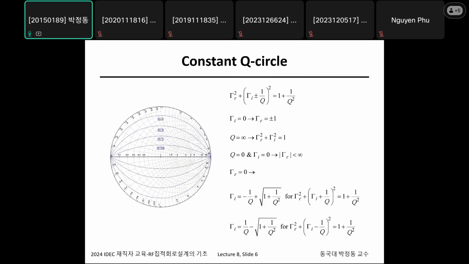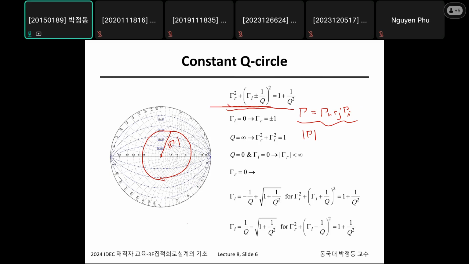So this is how we get the constant quality factor circle. Basically, we have gamma as gamma real plus j gamma imaginary, right? Gamma is actually the distance between the center point and a given position. This is a circle line, and this is gamma. As a magnitude, we can just express it this way.